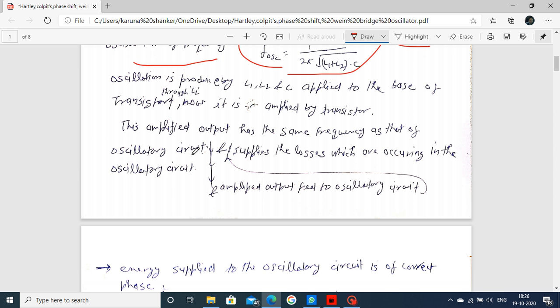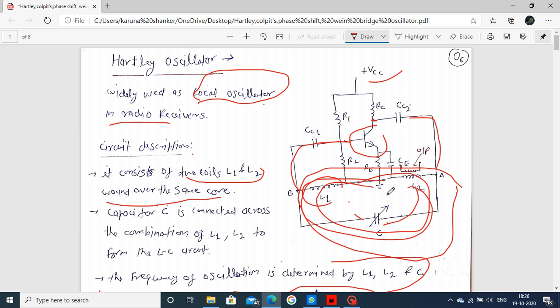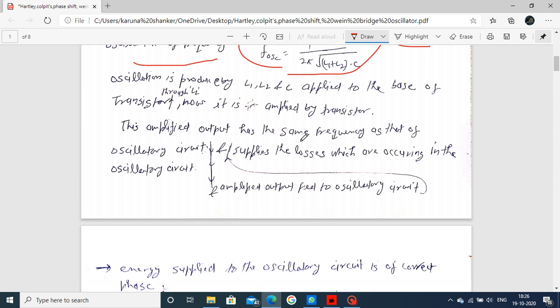This is also written here: the amplified output has the same frequency as the oscillatory circuit. Whatever particular frequency the oscillatory circuit generates is fed back to the base of your transistor. The transistor amplifies the same frequency that the oscillatory circuit generated, and the output is taken at the collector. The amplified output is fed to the oscillator circuit and supplies the losses occurring in the oscillator circuit.